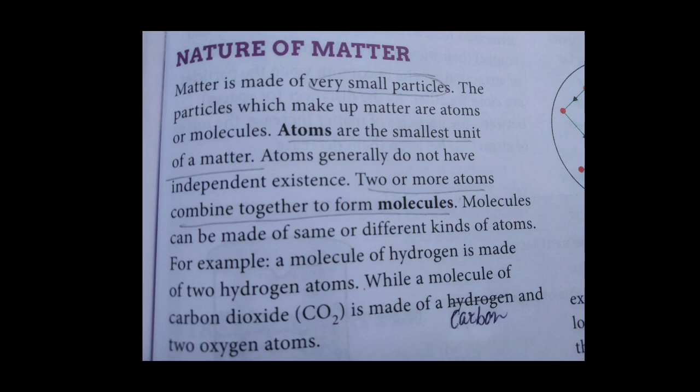So any elements like hydrogen, helium, lithium, beryllium, you all have learnt ten elements, right? So hydrogen, helium, lithium, these all are matter, and they are made up of very, very small particles called atoms, and atoms combine and form molecules, right? So in short, the nature of matter is that matter is made up of very, very small particles.